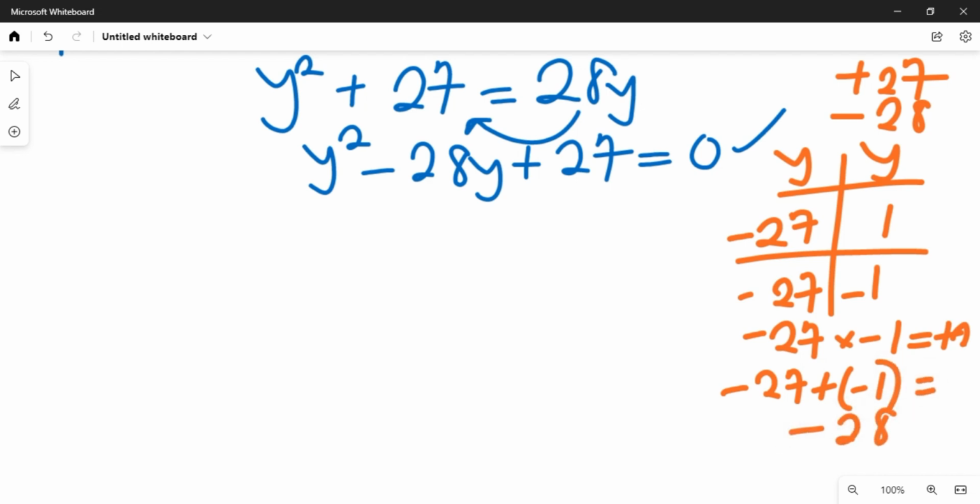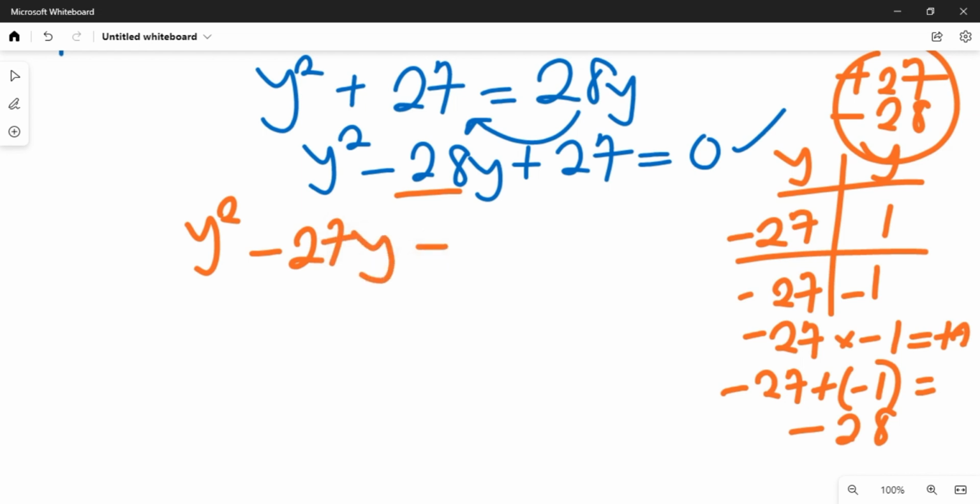So we're going to get these two values. So having done that, we'll bring these values here. That will give us y squared. So instead of minus 28, we'll replace it with minus 27y minus 1, which is y, plus 27, that will be equal to 0.